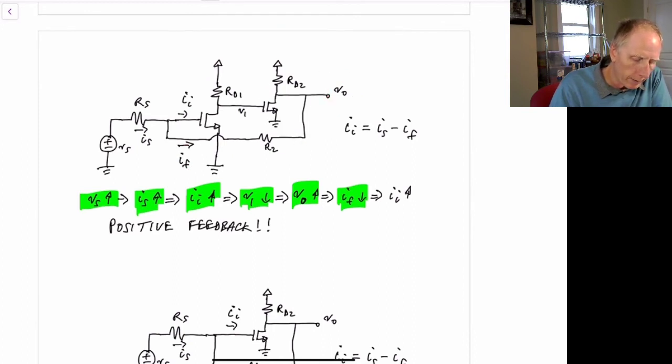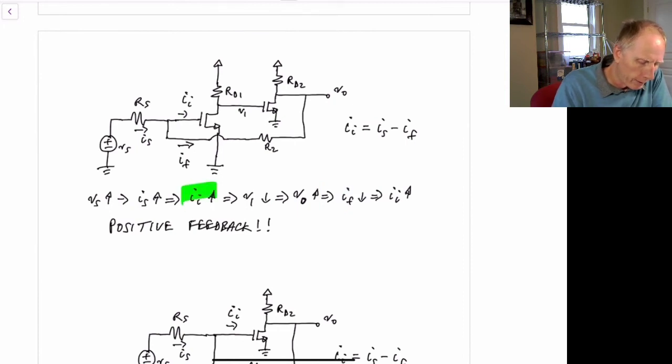So V sub out increasing reduces I sub f, and reducing I sub f will actually increase the input current. So that is what we don't want to see. An increase in the error current results in a further increase in the error current. So this is actually positive feedback.